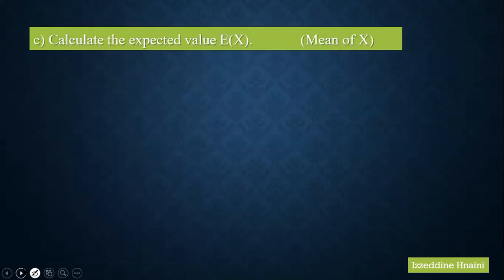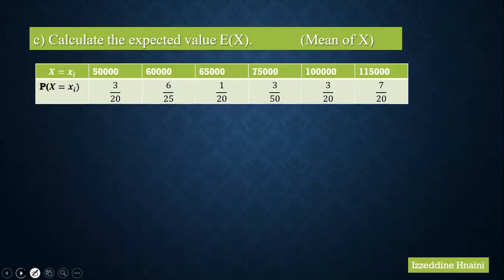Calculate the expected value, or it is called the mean of X, and it is represented by E(X). I will put the data in a table. What do you mean by E(X)? It is the sum of each value of X multiplied by its probability.